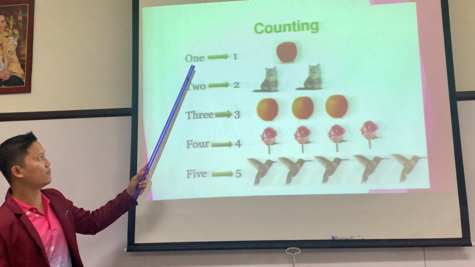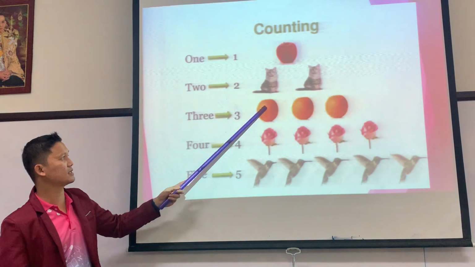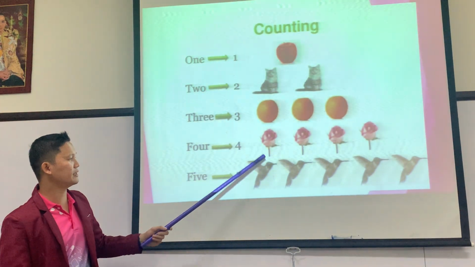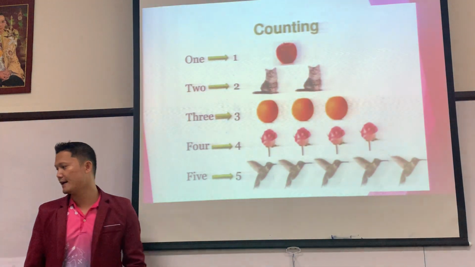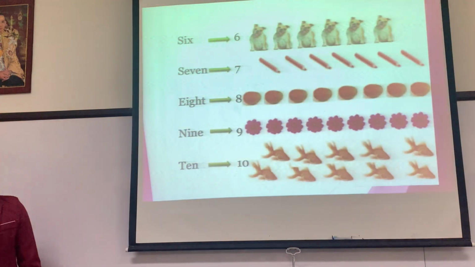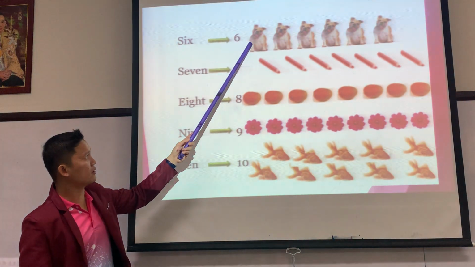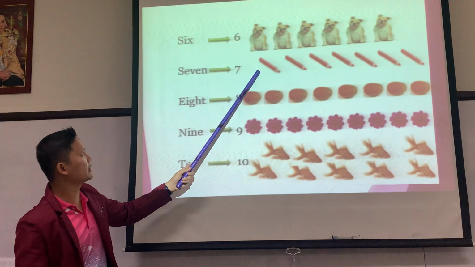So here, 1 apple and 2 cats, 3 oranges and 4 flowers, then 5 birds. Okay, next one. So here, 6. What is this? Dogs. Okay. We have here 7.